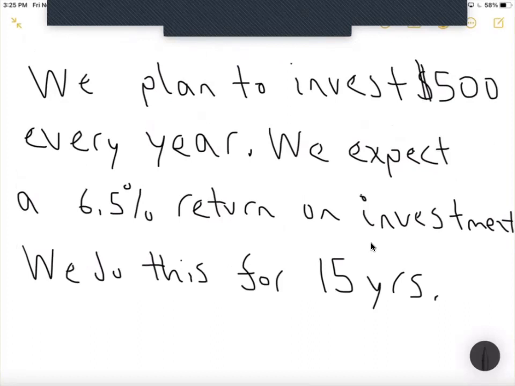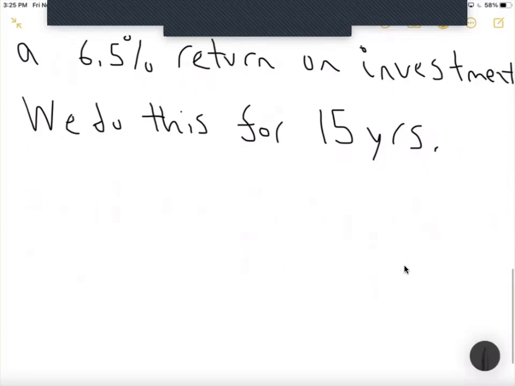So we plan to invest $500 every single year, and we expect a 6.5% rate of return, and we do this for 15 years. Essentially, we're investing $500 every single year. That's our income stream. Our rate is 0.065, or 6.5%, and the time length that we're doing this for is going to be 15 years. Question 1.